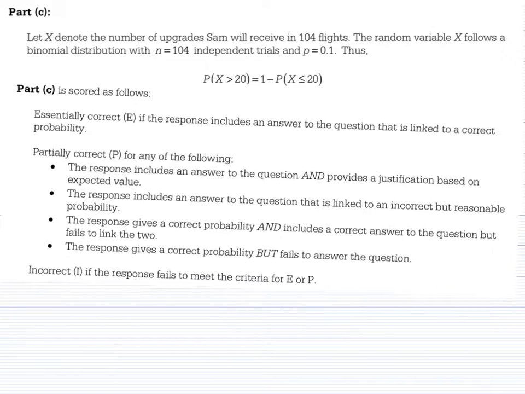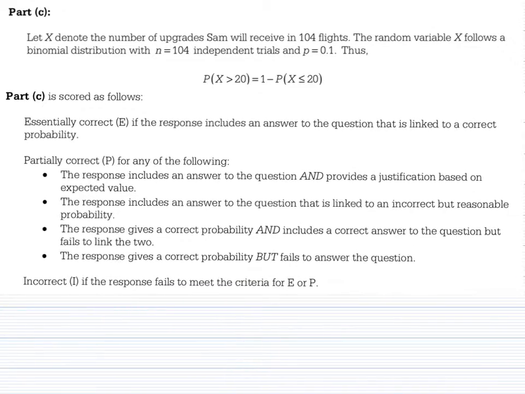But I would probably do that with the normal model, because you have an NP of 10.4 and an NQ of whatever 104 minus that is. So then you could use a normal model and calculate the z-score for 20 and then find the probability of being greater than that, which would also be very small. So there is that.